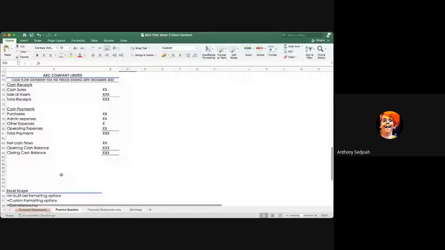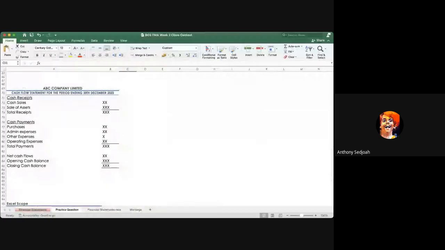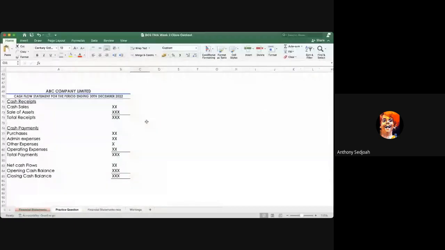Okay, let's go back to the format for cash flow statements. Can you see the format?